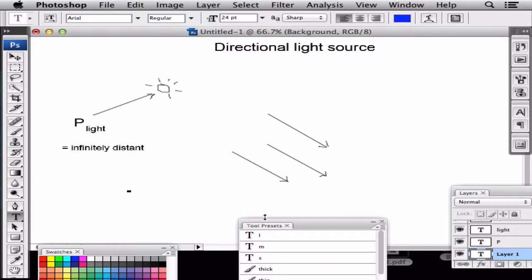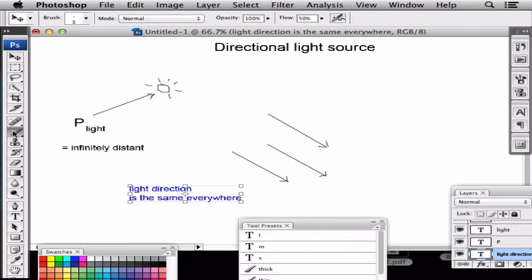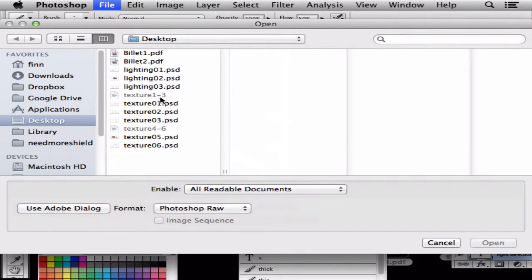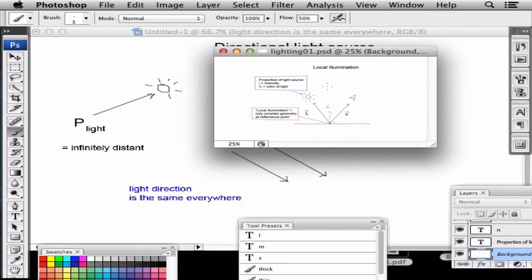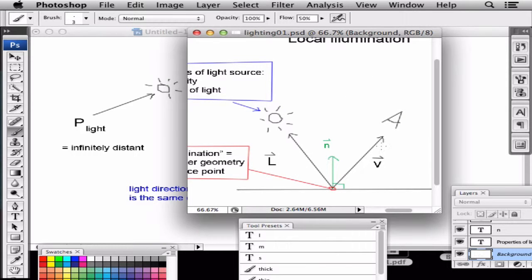So everywhere in space the light direction is the same. We normally draw a vector in the opposite direction, and that's because when you saw this other slide, you like to draw this L vector.